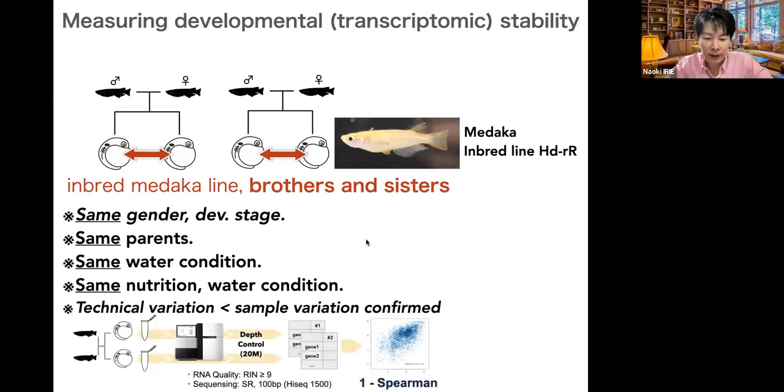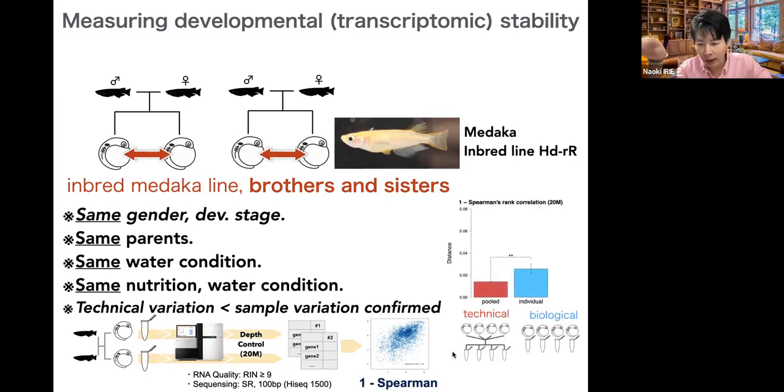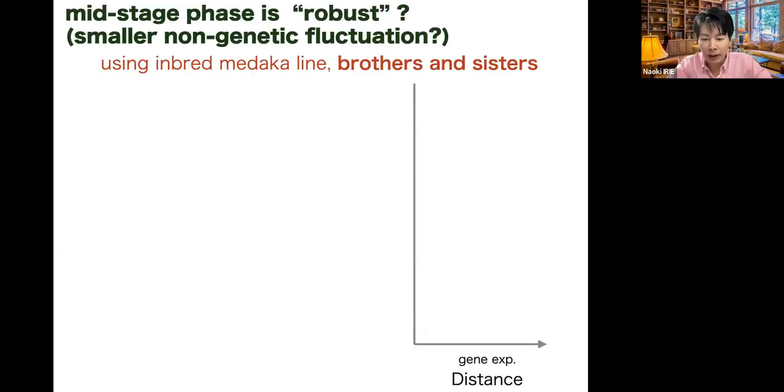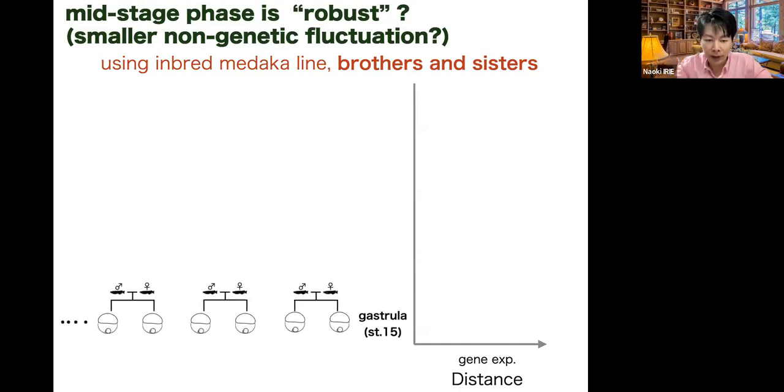To measure the stability or phenotypic variation, we removed technical errors, normalized, and measured phenotypic variation or fluctuation observed for each developmental stage.